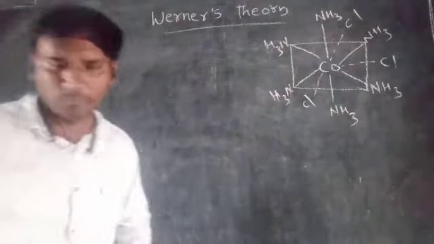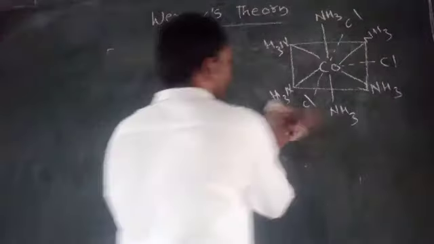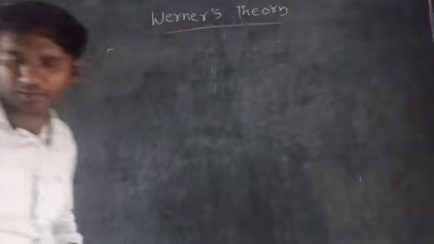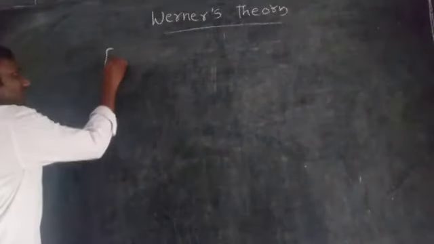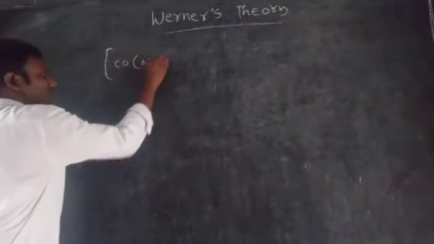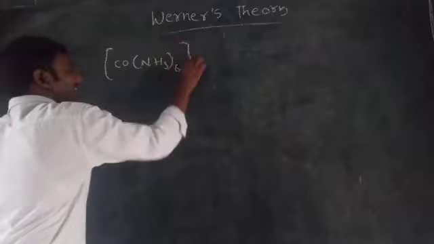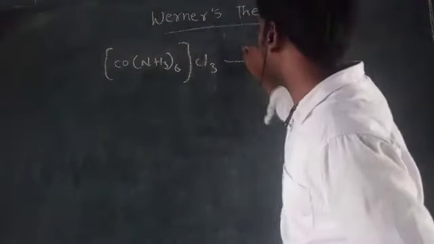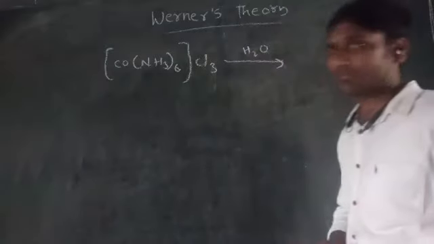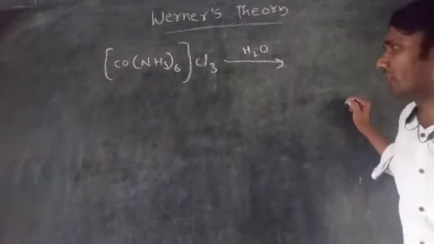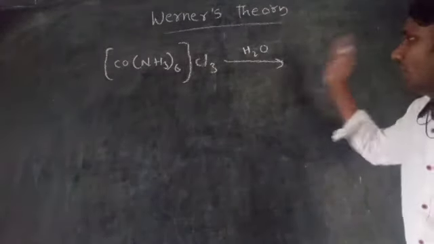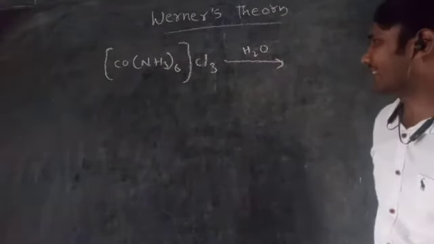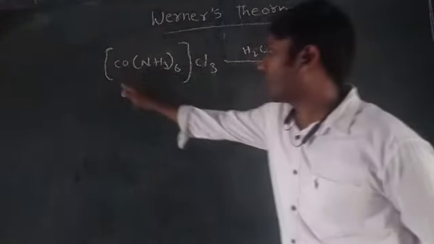So next example. Here, how many ions are there? I am taking this molecule again, Co(NH3)6Cl3. When this coordination compound is dissolved in water, how many types of ions does it release? Totally 4 ions are released, because this is the coordination sphere.